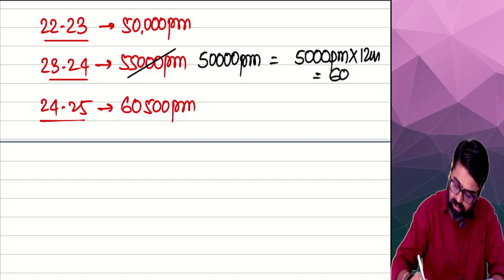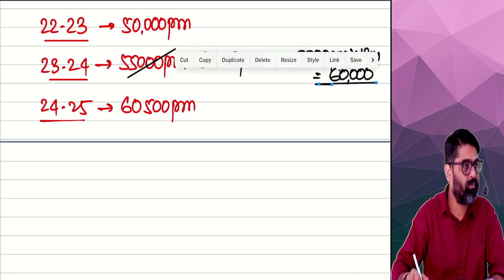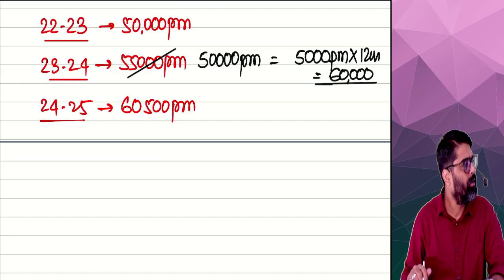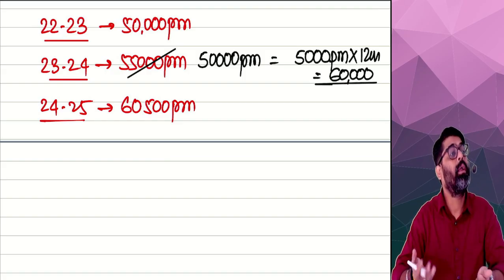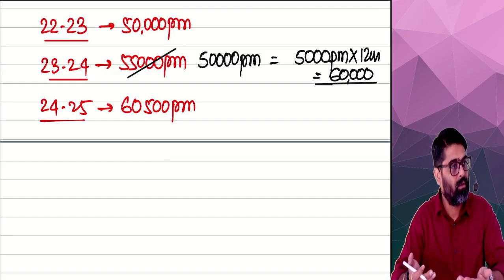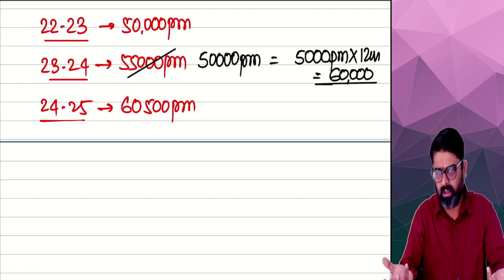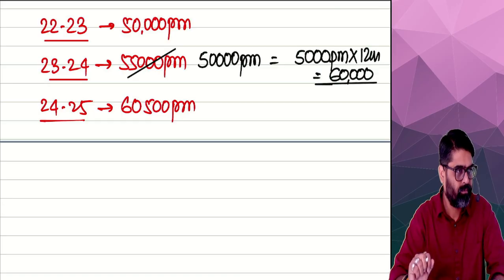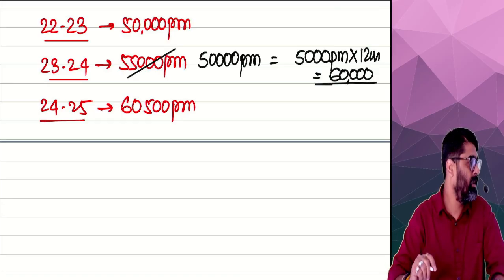So 60,000 salary which was supposed to be received in this year, you did not receive. Why? Because the employer did not give you the increment of 5,000 because of some financial losses. And you also agreed that, okay, sir, I will accept, but next year, please give the increment.